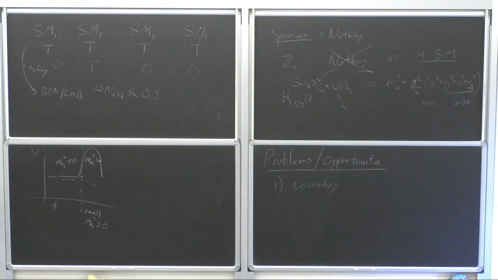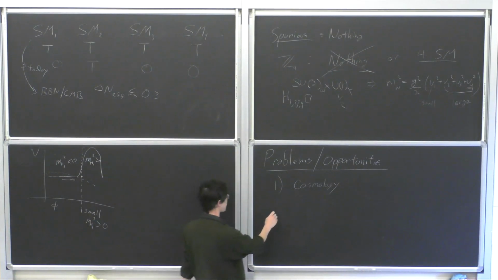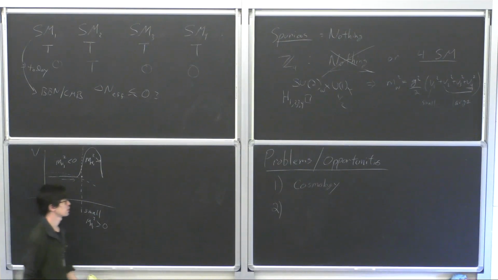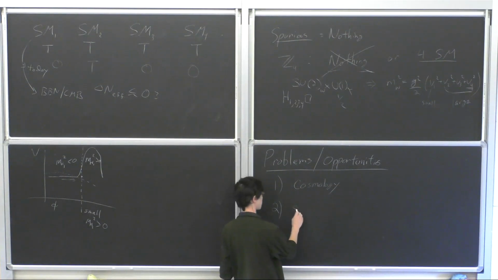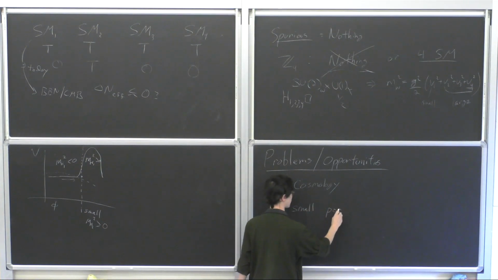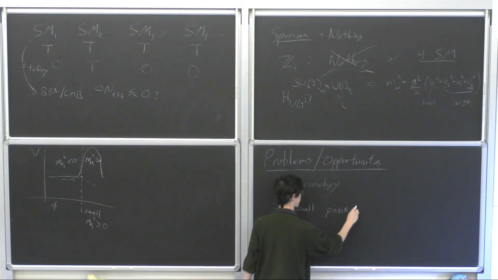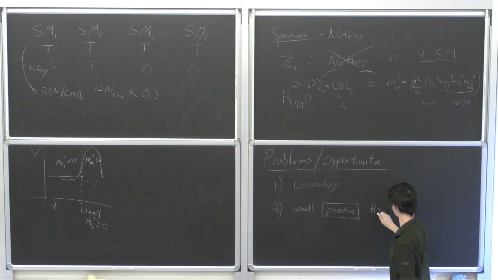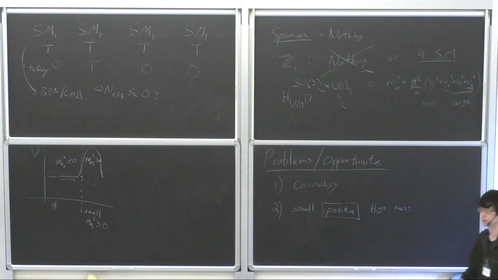So another thing, make sure never to convince yourself with words. Always calculate everything afterwards. Here, positive Higgs mass. We got a small Higgs mass, which is good, but the problem is positive Higgs mass.